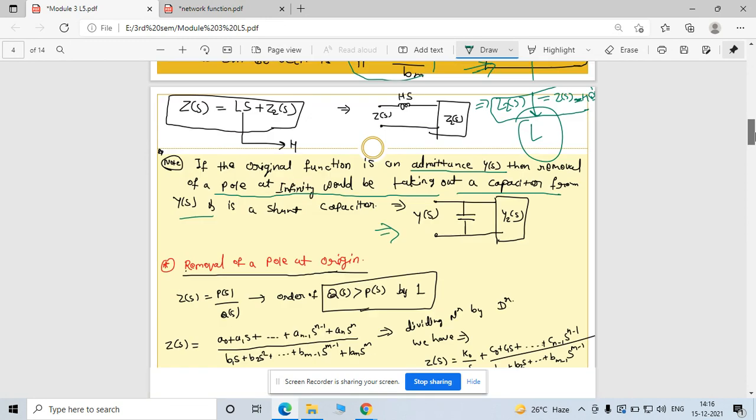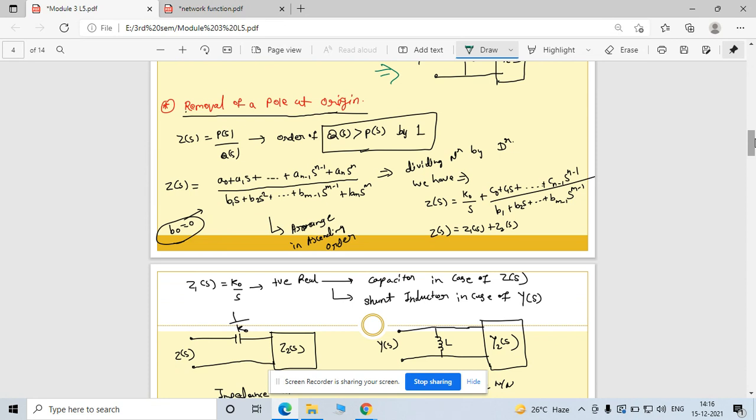Now the second method is the removal of pole at the origin. In this, your pole is situated at the origin of your function, right? So this is the second method. By this method, you generally observe that your standard function is in P by Q format, right? Here I am taking the impedance, but it is not necessarily impedance.